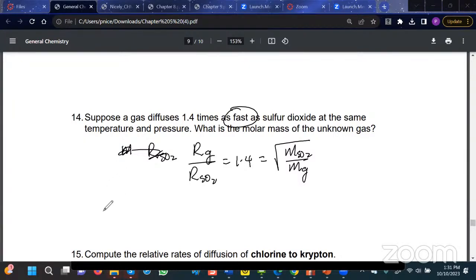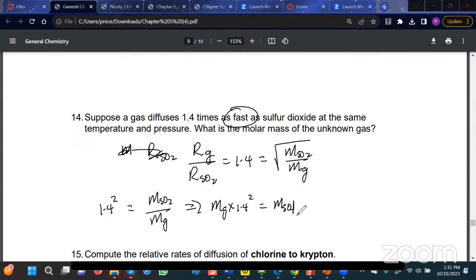Okay, so when you square both sides, you're going to get 1.4 squared is equal to the molar mass of SO2 divided by the molar mass of the unknown gas. And then what? Okay, so if you do that, you're going to get Mg times 1.4 squared is equal to M SO2.